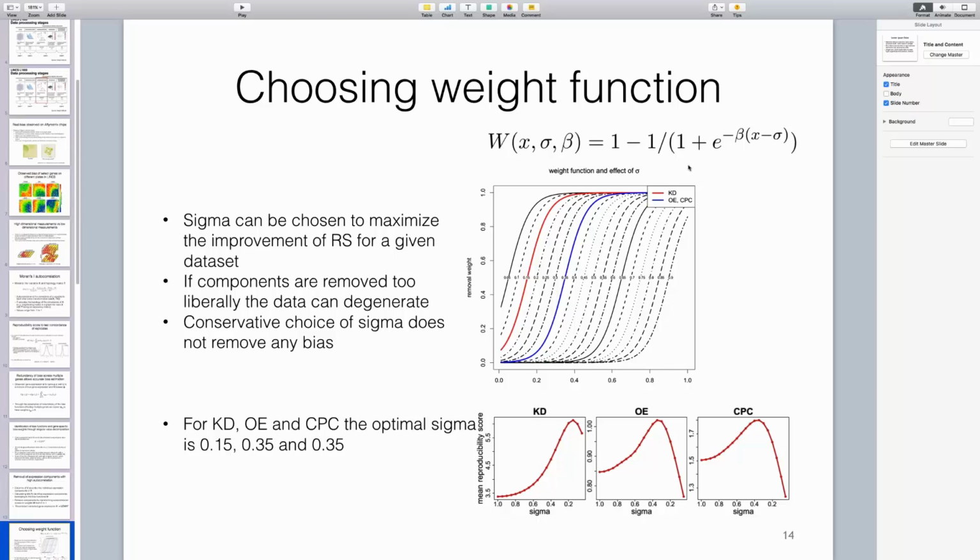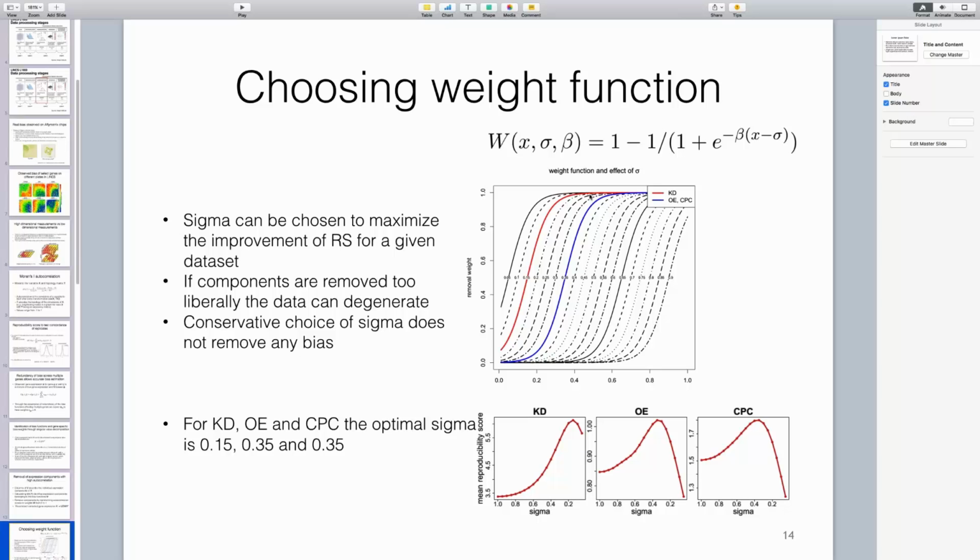Sigma tells us how stringent or lenient we are with biased principal components. In the first plot, for the overexpression and drug perturbations in blue, we remove principal components once they reach an autocorrelation of 0.2, and then it gets more stringent. If the principal component has an autocorrelation of 0.6, it gets completely removed from the corrected gene expression.